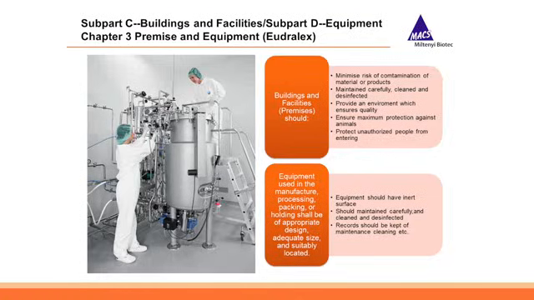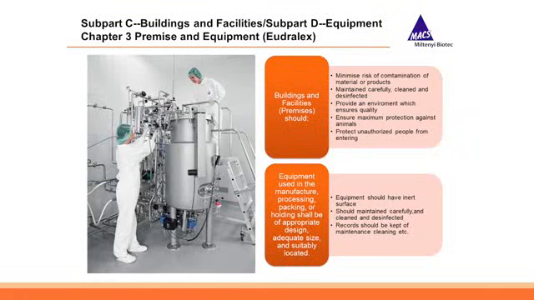Right now, it's more and more important to look at the complete process of manufacturing, so the environment provided should ensure quality and maximum protection against animals and other pests. And, which is quite important in my opinion, it should protect against unauthorized personnel entering the manufacturing suites.